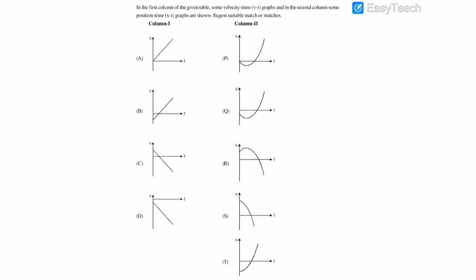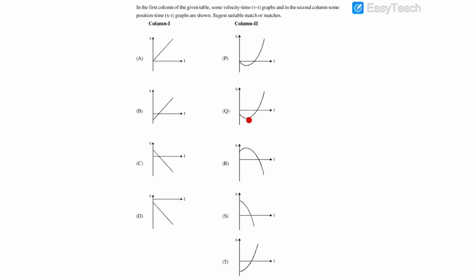Now at t equal to 0, velocity is 0, and therefore the base of the displacement time graph, which is a parabola, should occur at t equal to 0, because at the base of a parabola the slope is 0 and the slope of a displacement time graph is velocity. So this is not a correct choice because its base is not at the origin.